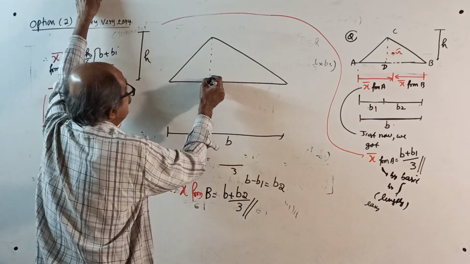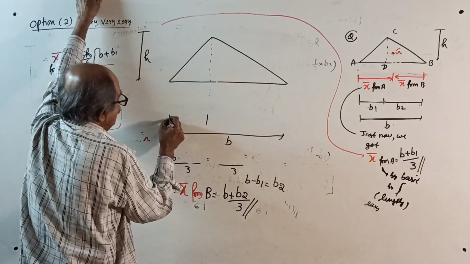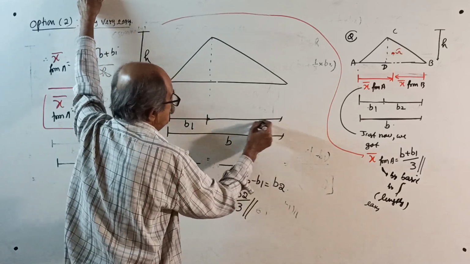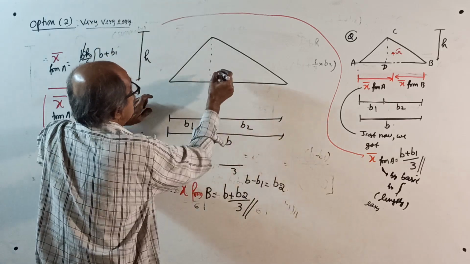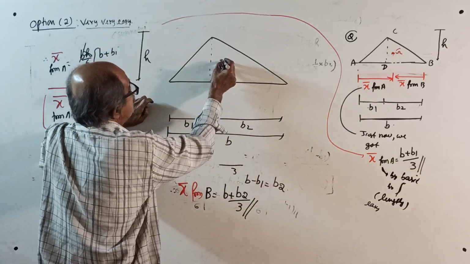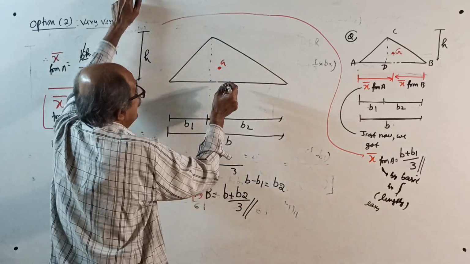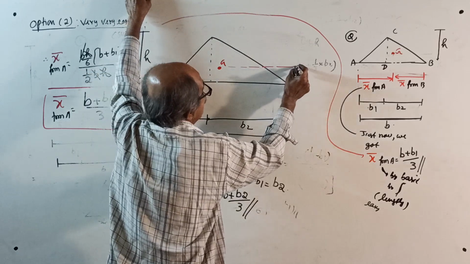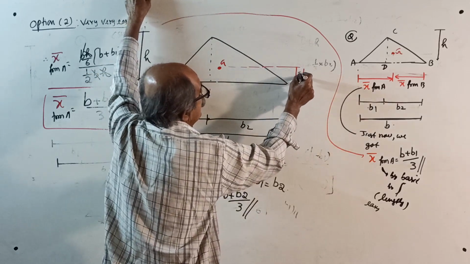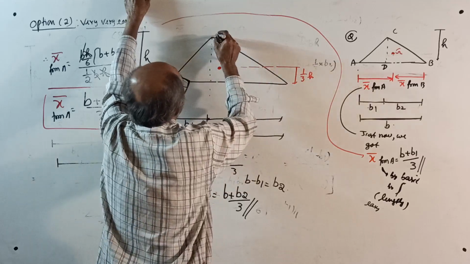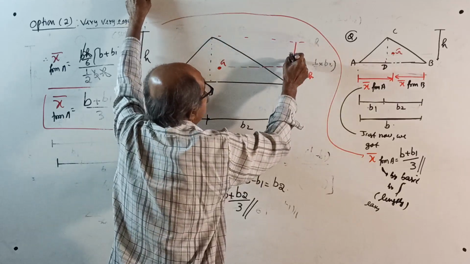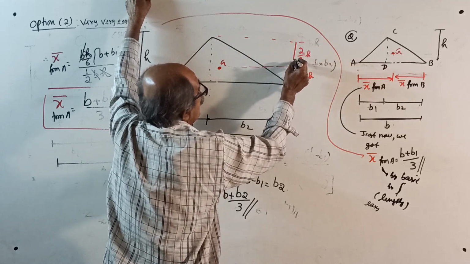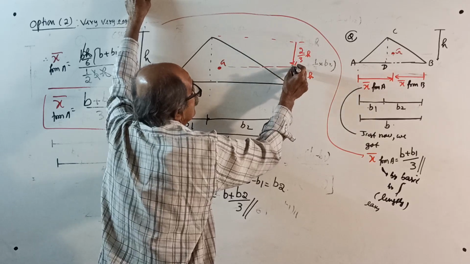If I project here, this is your b1, this is your b2. The centroid will be here, G. Why this side? Tomorrow I will tell. If you want height wise, this is 1 by 3 of h, this is 2 by 3 of h. From the top, 2 by 3, here 1 by 3.